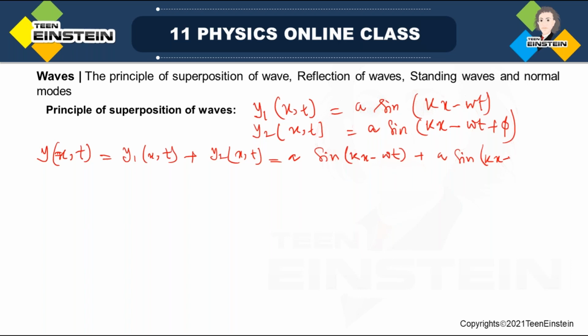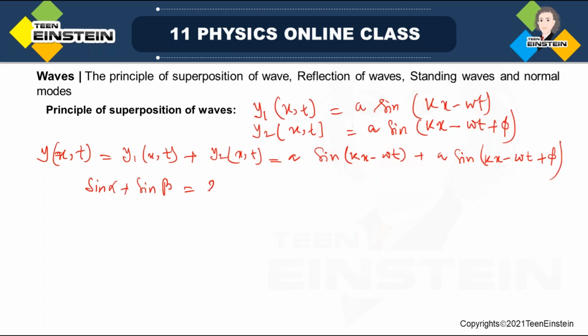Now you have to use one trigonometric identity. What is that identity? Sine of alpha plus sine of beta, you can write in terms of a product. This is in terms of addition, you can write it in terms of multiplication.